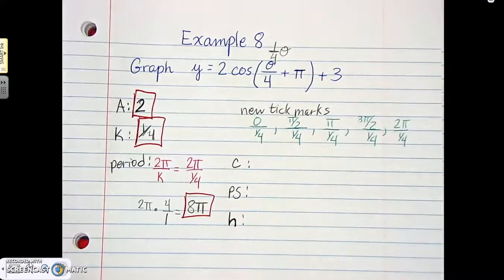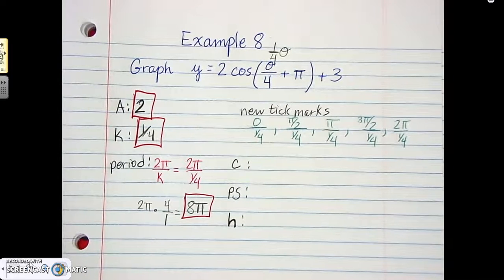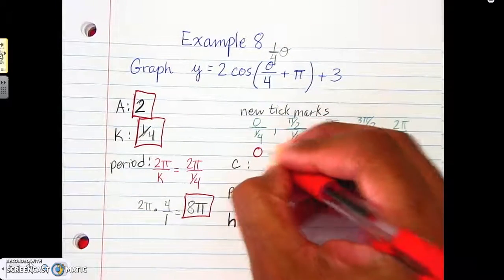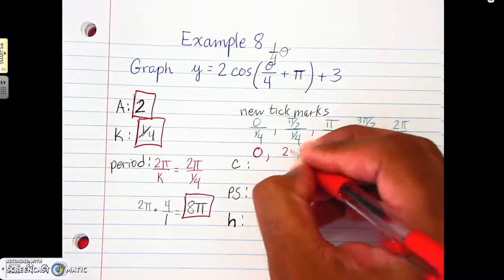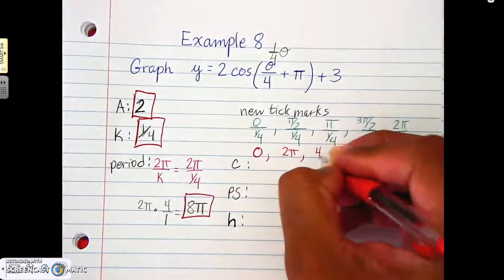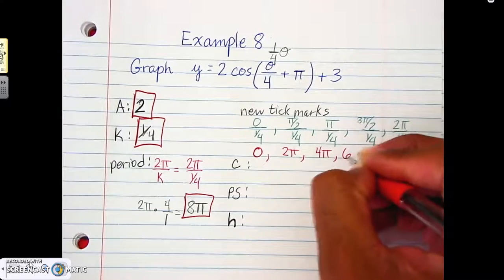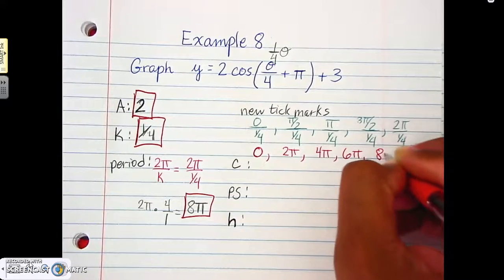Right, and again, with each one of those, because I don't have enough room, because I need to still graph below here, I'm not going to go ahead and do the work for that. I'm going to give you the answers, because remember we have the keep, change, flip for each one of those. So our tick marks here, our new ones, would be 0, 2 pi, 4 pi, 6 pi, and 8 pi.